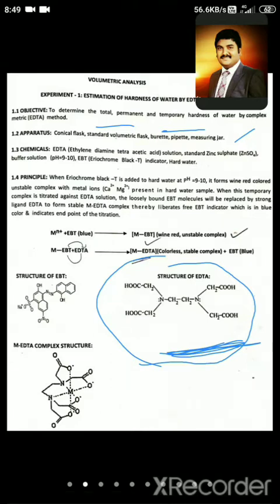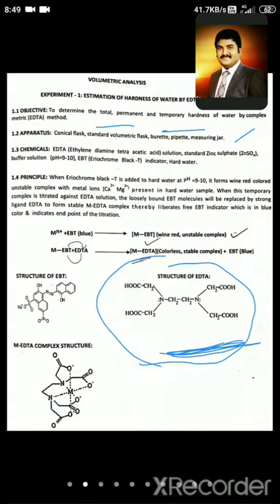What should you take among all the chemicals? First, Eriochrome Black T is added to hard water at pH 9 to 10. It forms a wine red color, an unstable complex with Ca2+ and Mg2+. Why is an unstable complex formed?